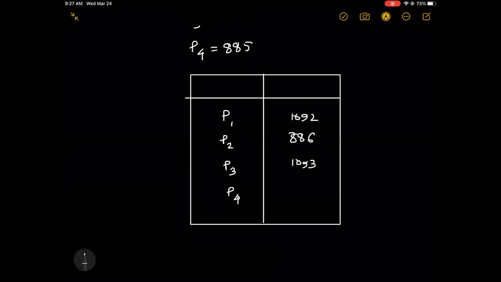And for P4, we have 885. Can you see it's actually following a pattern? This pattern is kind of symmetric. We can see there is a certain rule it's following, the same change of behavior.